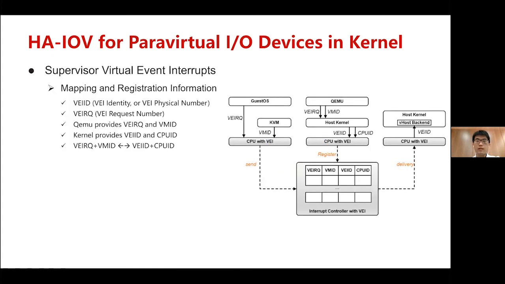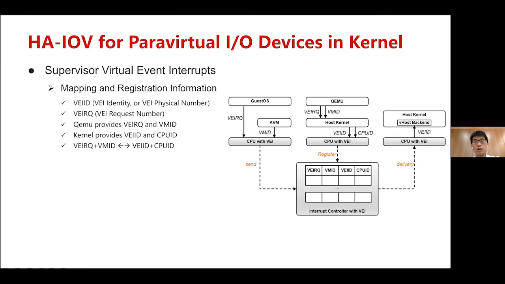To allow the guest to notify kernel threads in the host, each kernel thread for handling supervisor interrupts is tied to a physical virtual event interrupt, which is identified by the VI ID. Guests only need to send the VI request number to the interrupt controller.